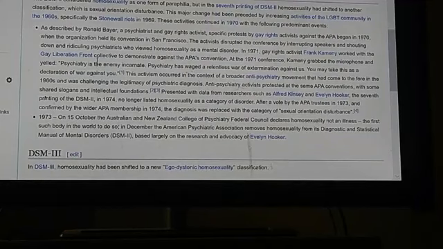Anti-psychiatry activists protested at the same APA conventions with some shared slogans and intellectual foundations, presented with the data from researchers such as Alfred Kinsey and Evelyn Hooker.